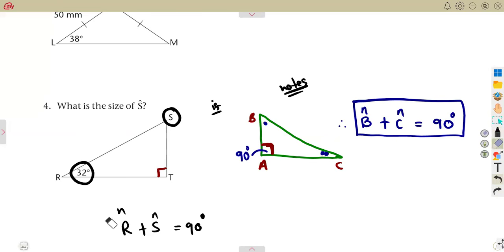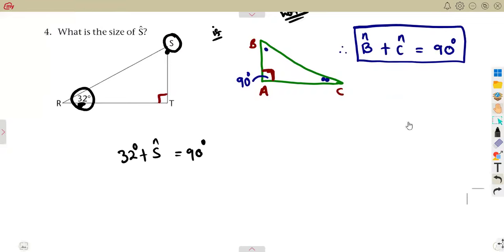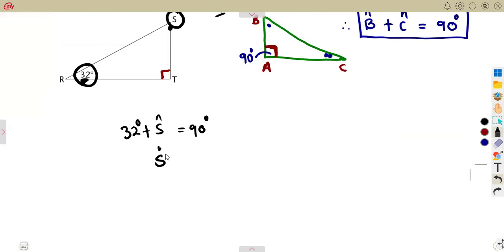Our angle R is 32 degrees. So this 32 degrees plus this angle S is supposed to give us 90 degrees. So therefore, we can calculate our angle S.